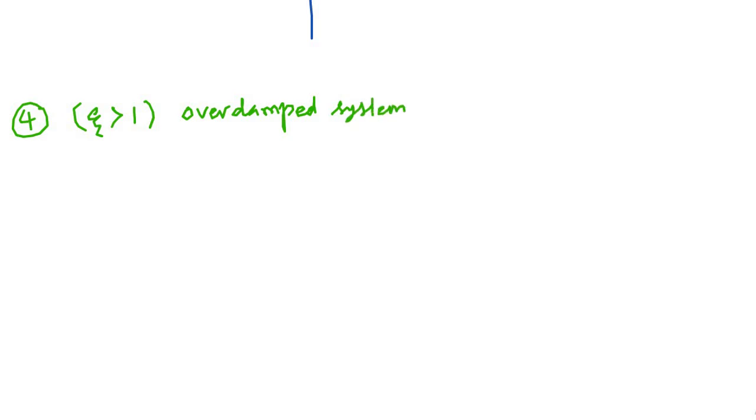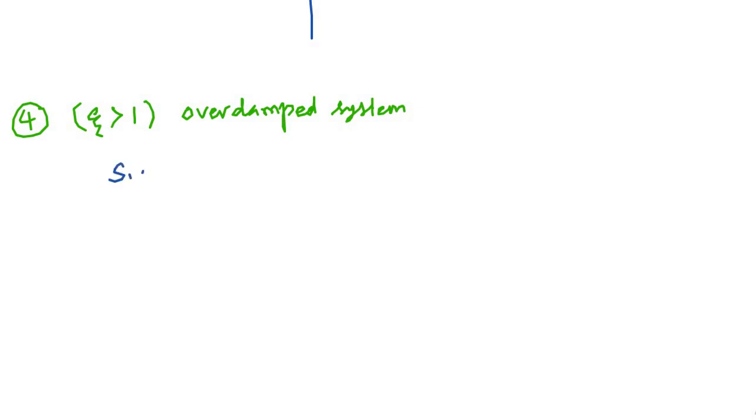Okay. The fourth type of system is called the over-damped system, where zeta value will be more than 1. That is called an over-damped system. Okay, where zeta is greater than 1.